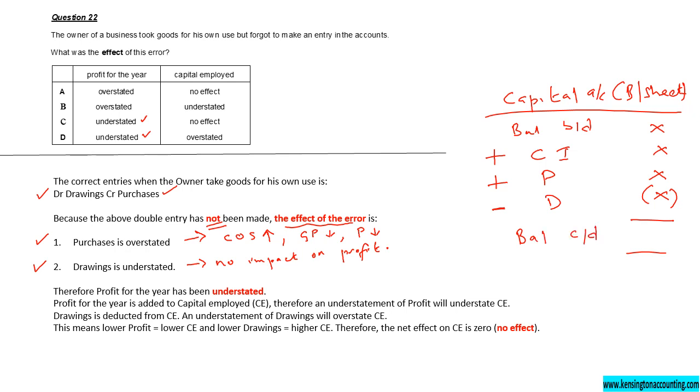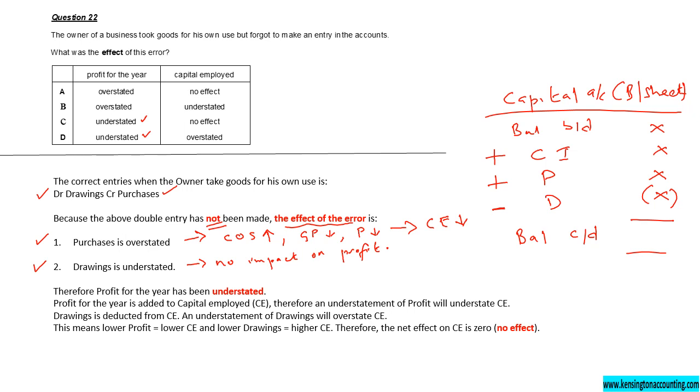Now, because profit for the year was understated and profit for the year is an addition, the impact of this is that capital employed will also be understated, as per the calculation of a closing balance.